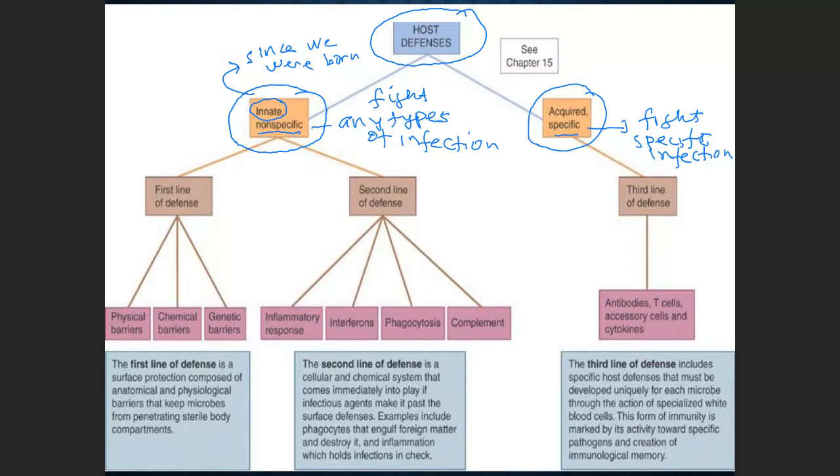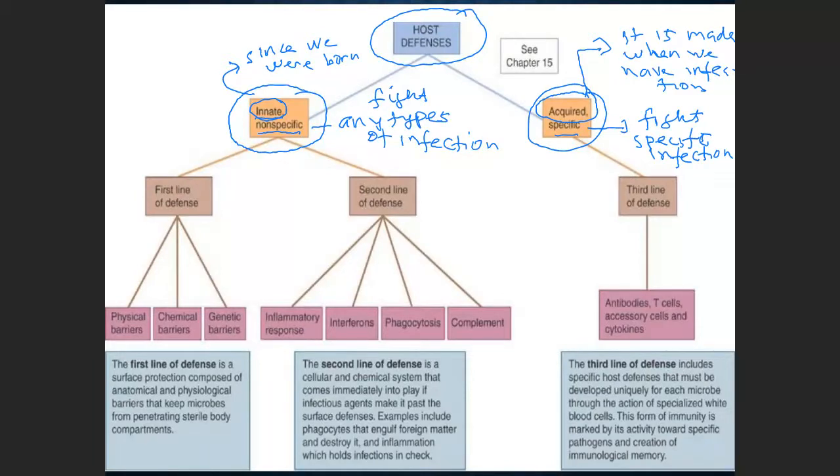So we have several types of this specific defense mechanism, and these are acquired. It means that it has to be made. It is made when we have an infection or disease. Compare this with the innate one: we have it since we are born, whether there is infection or not.